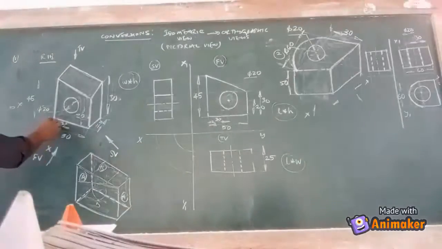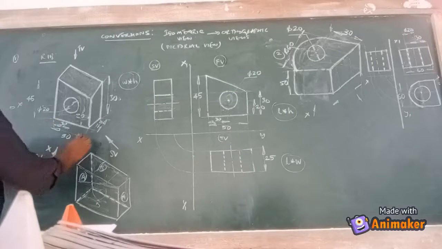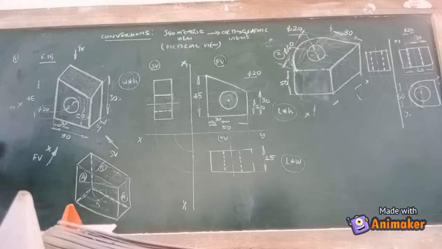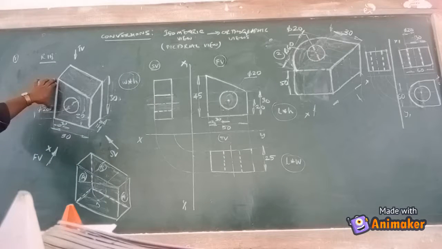So from the provided data here, if we try to evaluate the dimensions of it, as we know also as the dimensioning has to be made parallel to the reference edges, because this is isometric view.